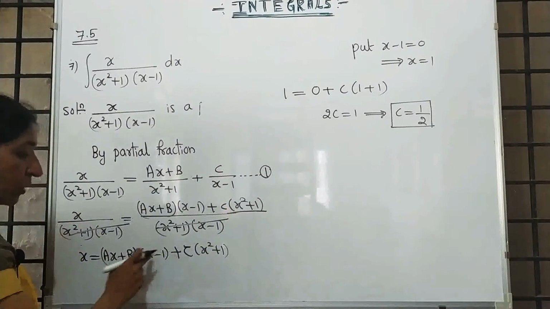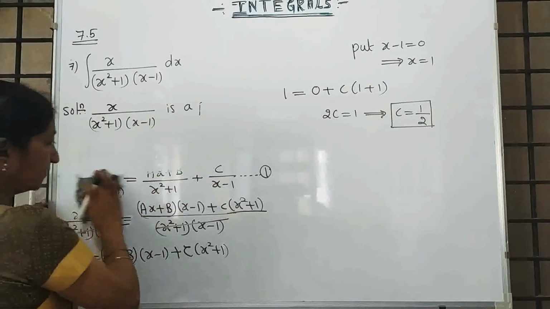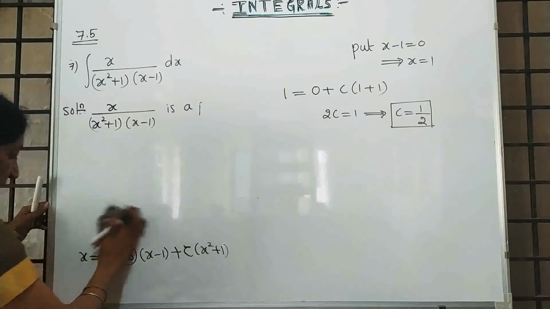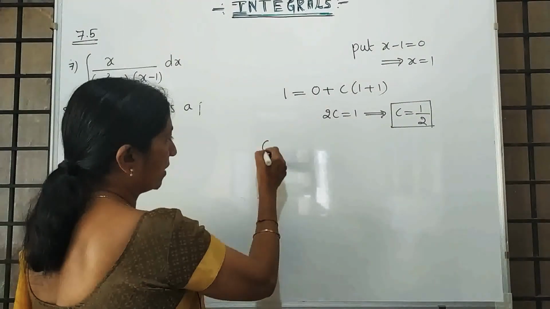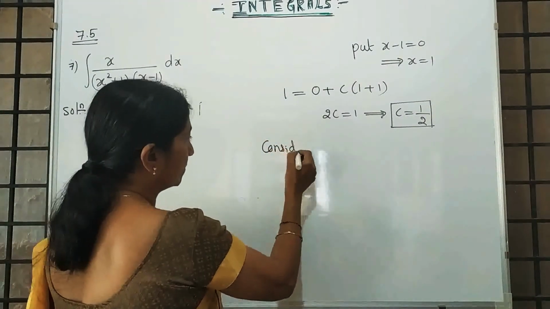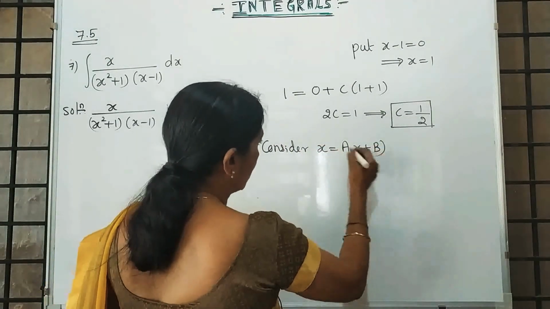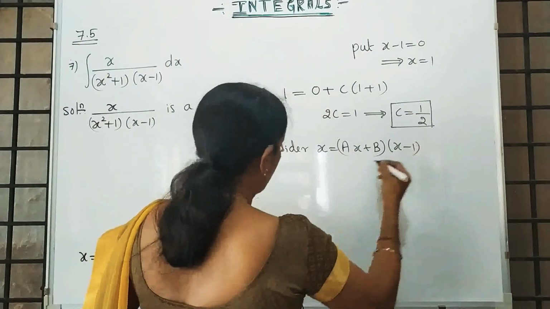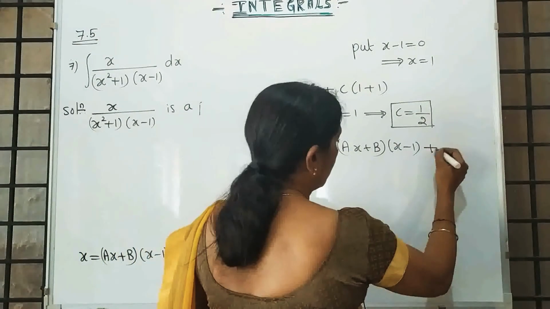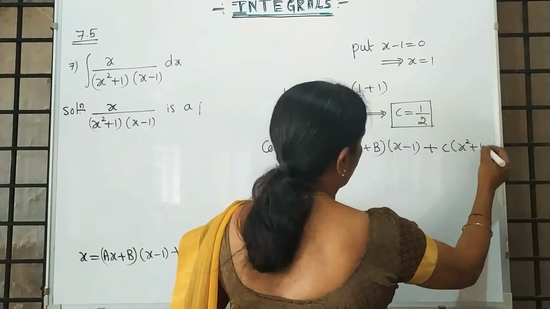So here on the right side remove the bracket. Rewrite the equation once again. Consider x is equal to (ax plus b) into (x minus 1) plus c into (x square plus 1).